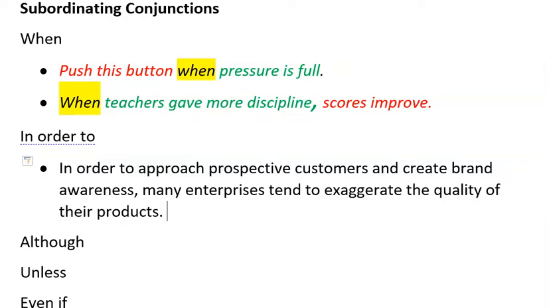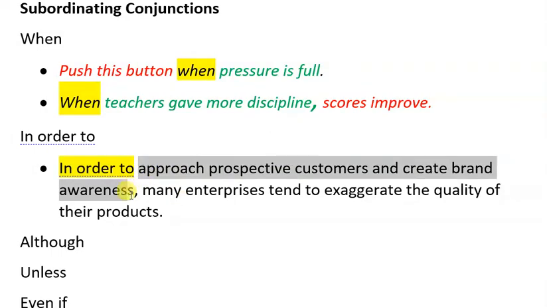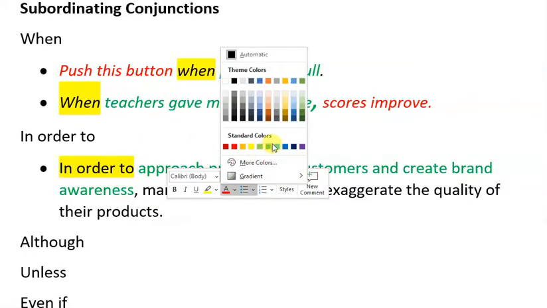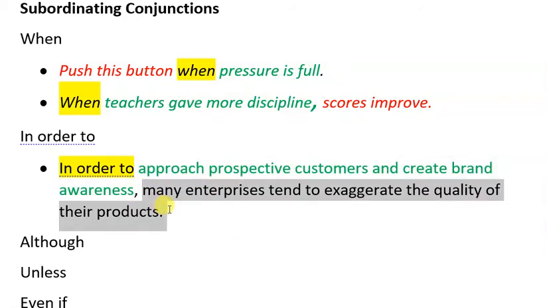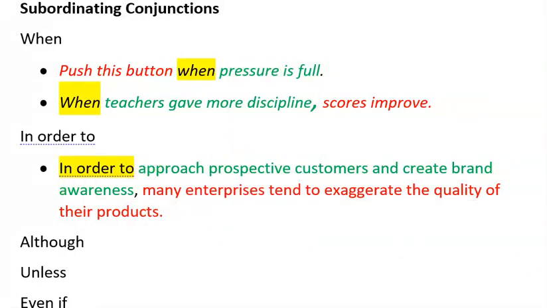I have already put up a video on pronunciation and meaning of exaggerate. So in this, in order to is the conjunction. In order to approach prospective customers and create brand awareness, okay, this is the dependent clause, and many enterprises tend to exaggerate the quality of their products, this is the independent clause.